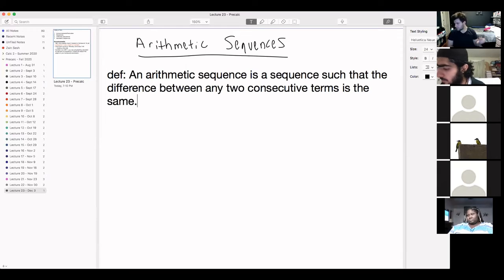So if I take any two terms that are next to each other, and I do the one that comes later minus the one before it, that's going to be the same number no matter which two consecutive pairs I pick. All right, so example.